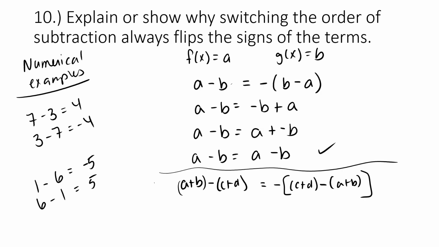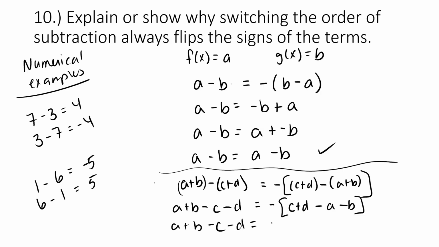So we have the first one minus the second one, and then if I switch the order, is that the same as it being negative? Well, you just distribute the negatives. Over here, you'd have c plus d minus a minus b, and now we're going to negative all of that. So negative c minus d plus a plus b, and now you can see that that's just a matter of switching the order. So how you wanted to explain or demonstrate it is up to you.